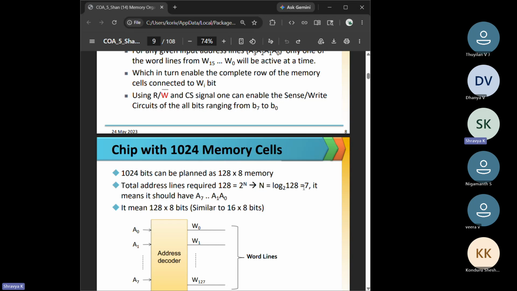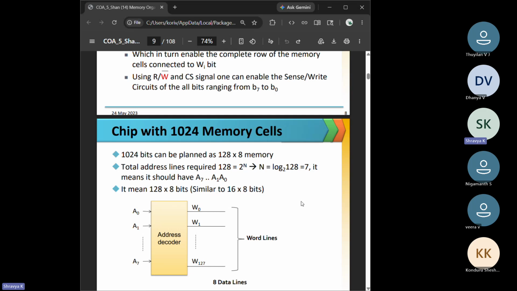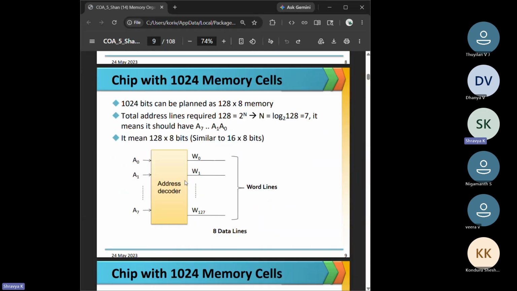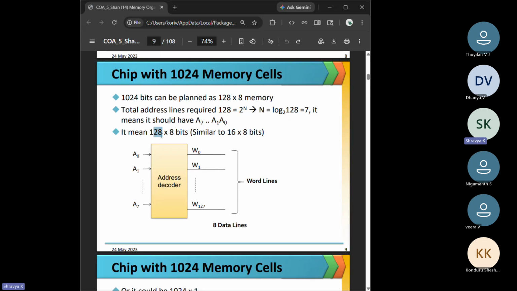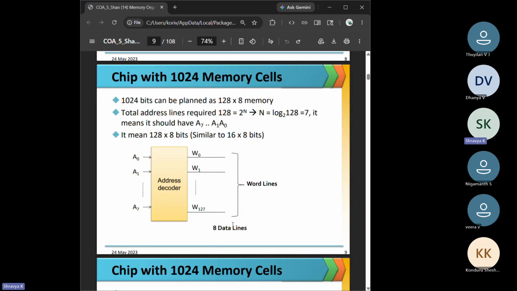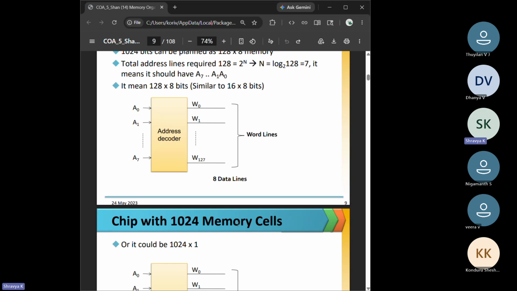That's how you find the number of address lines. And you can see that 128 into 8 bits is similar to the 16 into 8 bits that we were looking at previously, right?